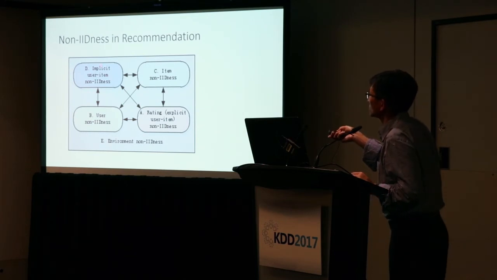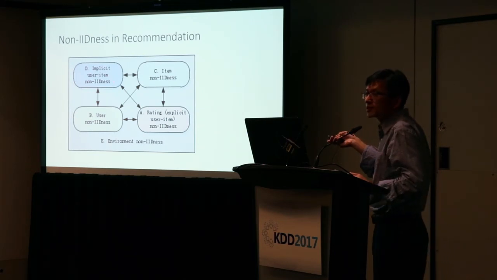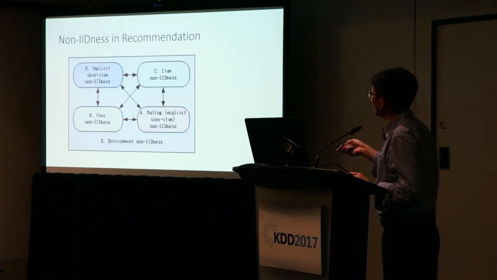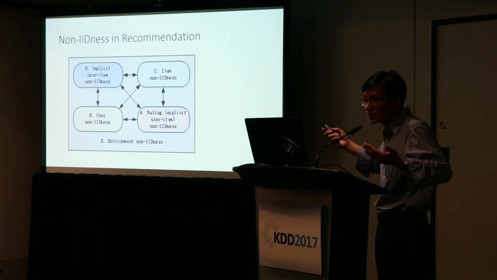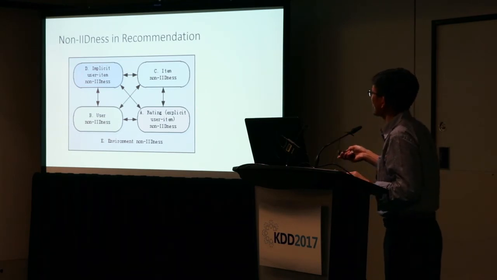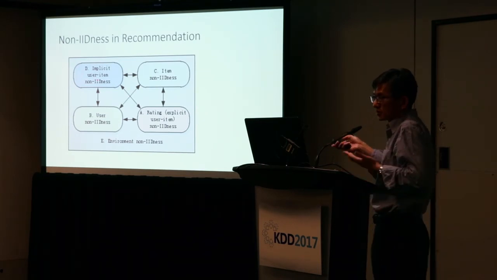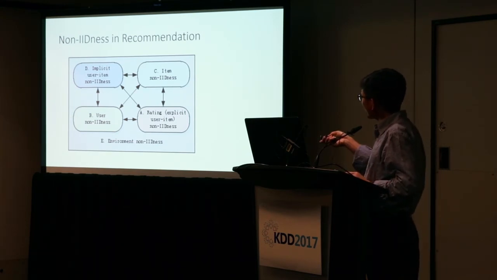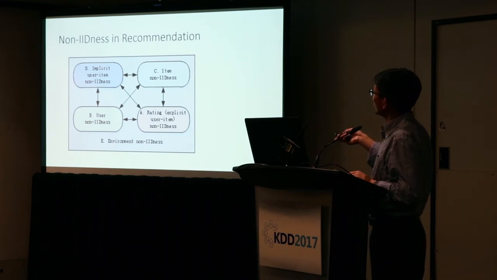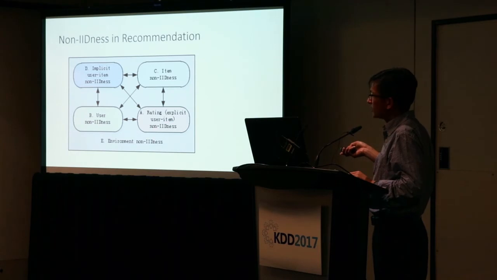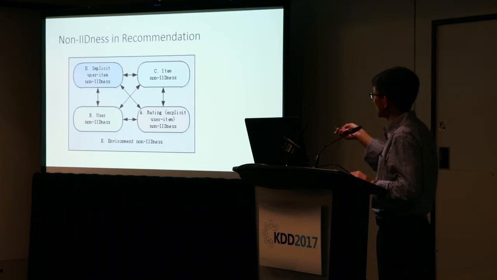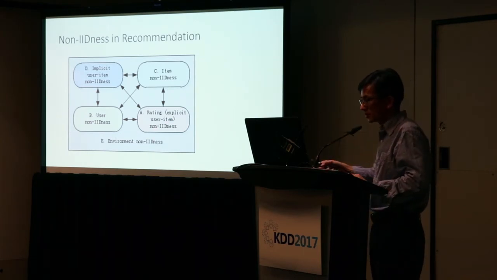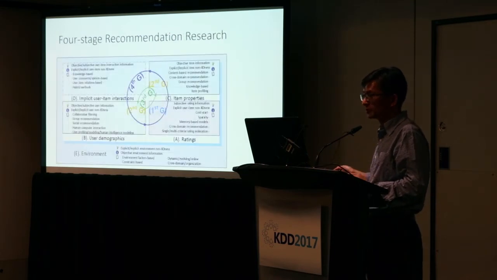But actually not only implicit, there's explicit as well. Like if user 1 clicks item 1 many times, that indicates something, and there may be other things like comments, so there's going to be explicit as well. So these three aspects form the drivers of the rating dynamics in certain contexts, and that's the environment, which is also non-IID if you look at it from that perspective.